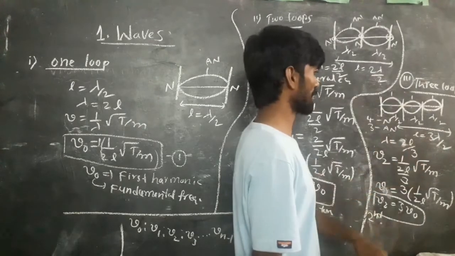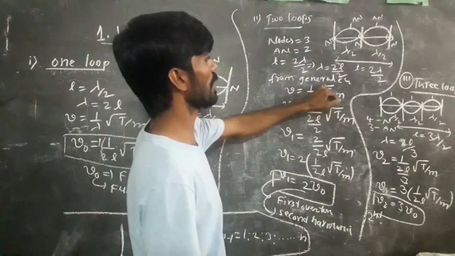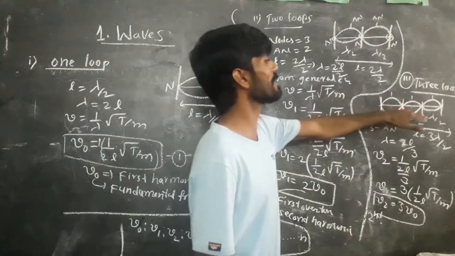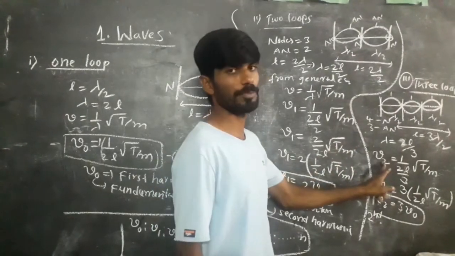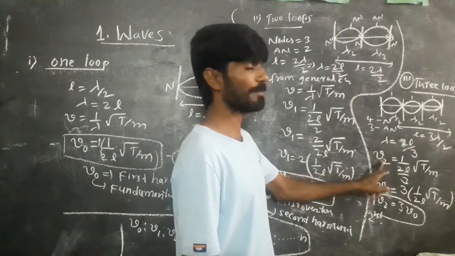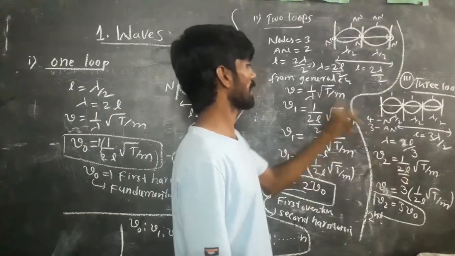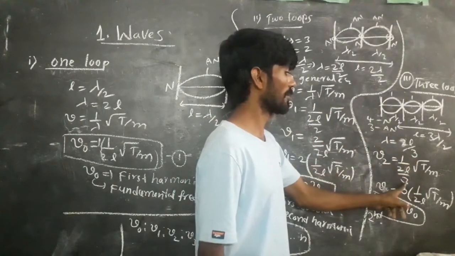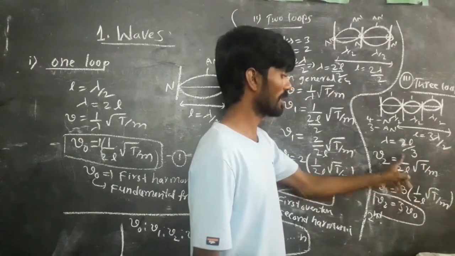From this, we already have the general equation: mu is equal to 1 by lambda into under root T by M. So now I am selecting 3 loops. Following mu1, after that mu2, the second overtone. So mu2 is equal to 1 by lambda, replacing lambda with 2L by 3, under root T by M. Now the denominator changes.